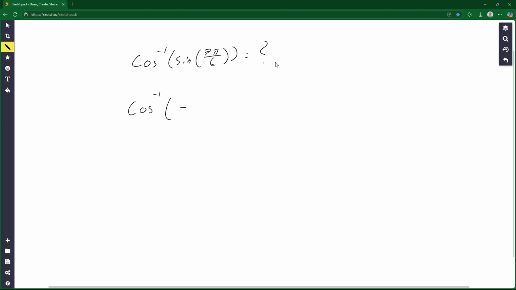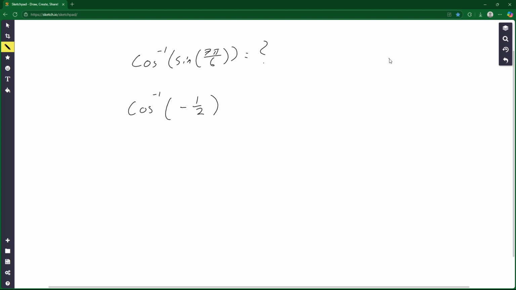Sine of 30 degrees is just going to equal 1/2. Now, if we want this to be negative, what angle do we need cosine to be to get this?